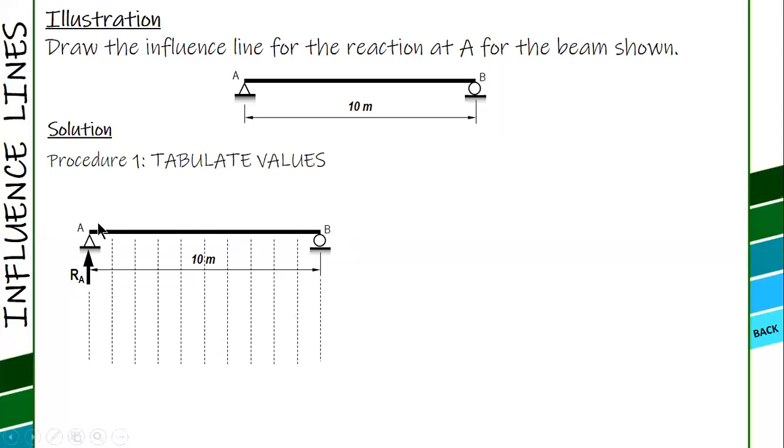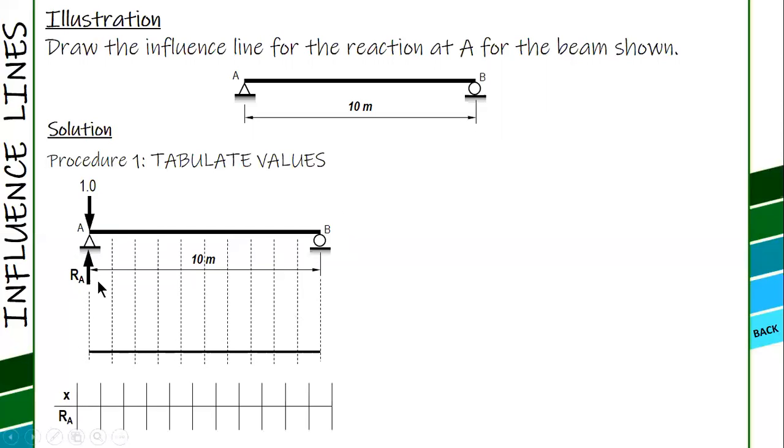So first, the unit load is at A. At point A, x is 0, and we all know that RA is equal to 1. Next, move the unit load.